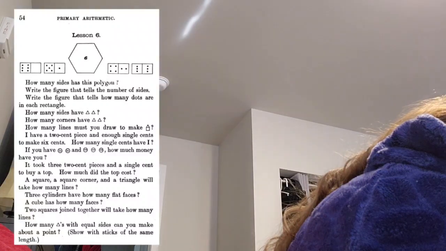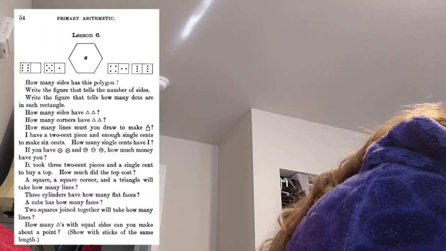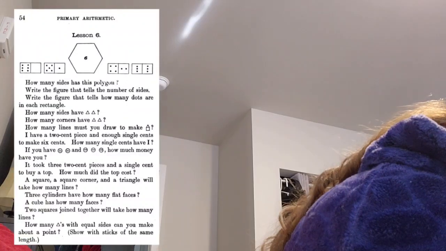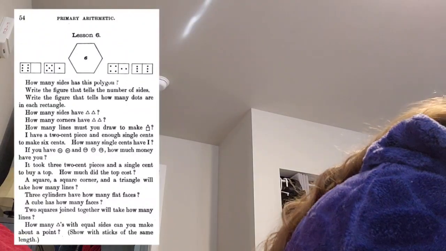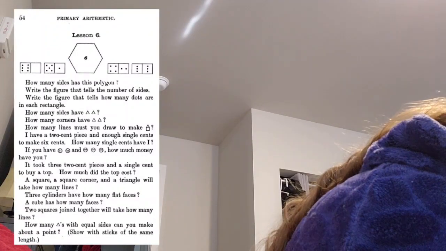If you have whatever these things are, buttons, are those buttons? If you have 2 buttons and 3 buttons, how much money? Oh, I guess there's some kind of money. How much money have you? I don't know.